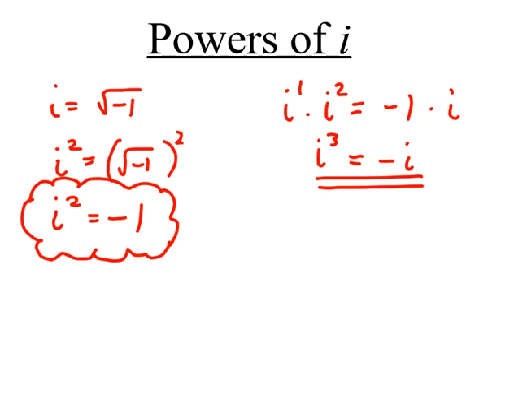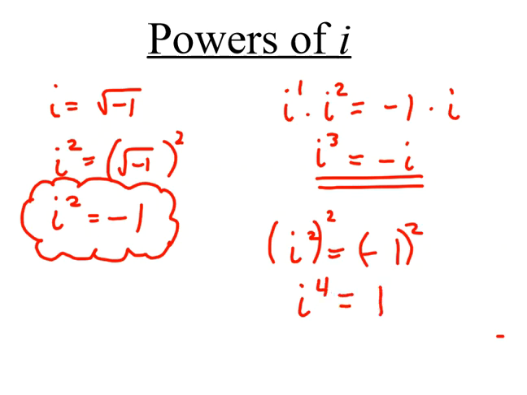Fun fact. I can even do this with other ones. Starting again with i squared is equal to negative 1, if I wanted to find out what i to the fourth is, I could square both sides. When I square both sides, I've got a power to a power, so I multiply those exponents, like i to the fourth. And then negative 1 squared is positive 1.